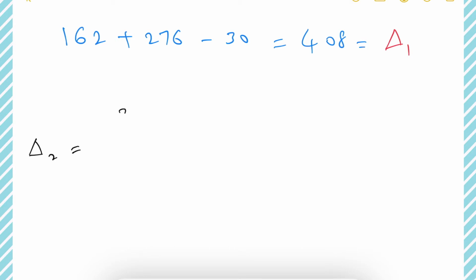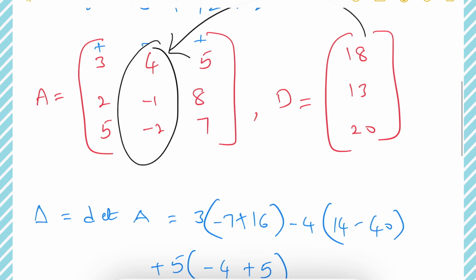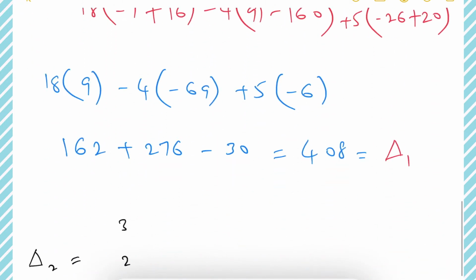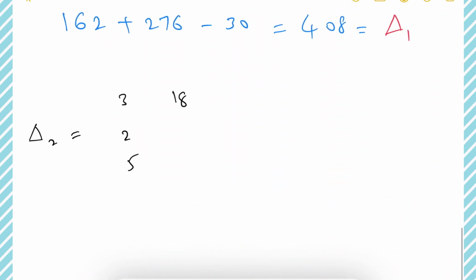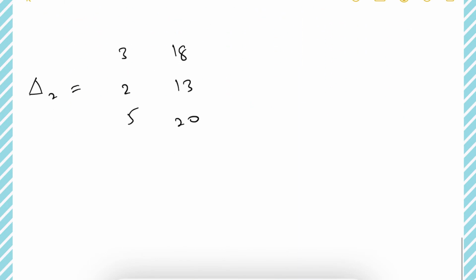Now second column we replace with 18 13 20, and the last column as usual, that is 5 8 7. Again for this also we need to find the determinant.